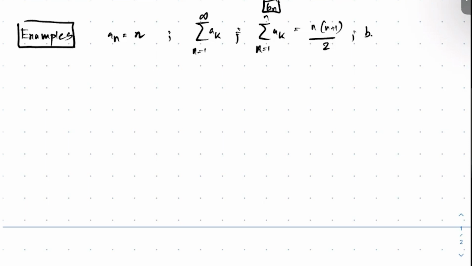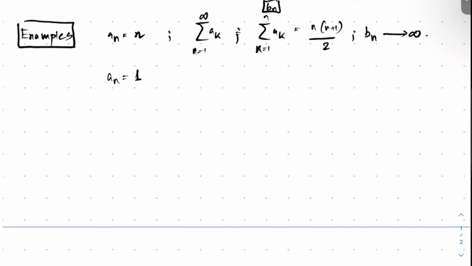This is a very fundamental goal, so remember it. Let's take an equal to n. If you take the summation of an from 1 through infinity, what will it be? Yes, infinity. It's simple, because the partial sum will be n times n plus 1 by 2. Let's call this bn, and you can see bn goes to infinity. Now let's take an equal to a constant, a smaller one.